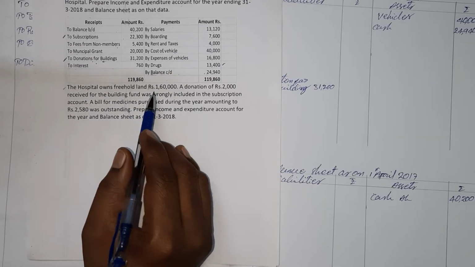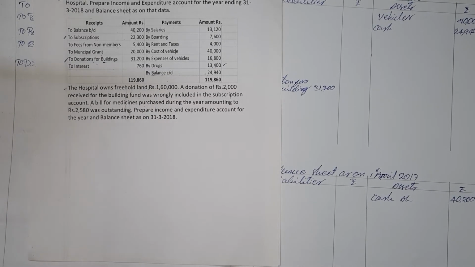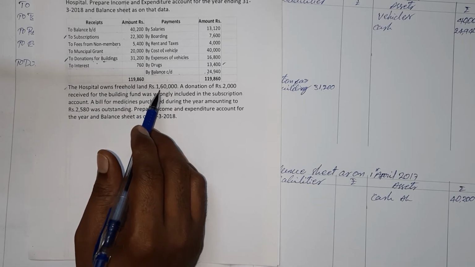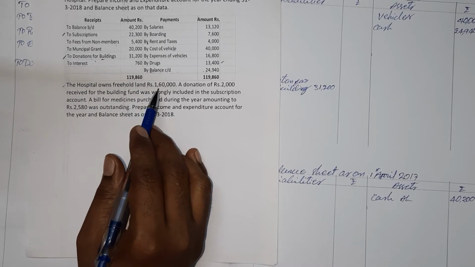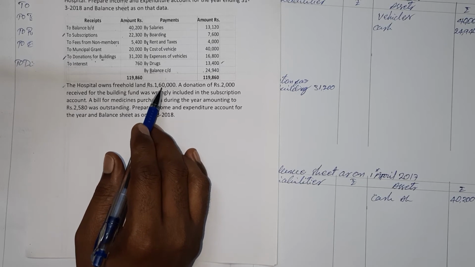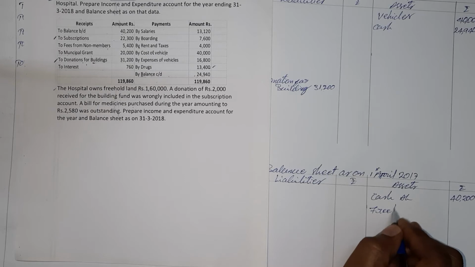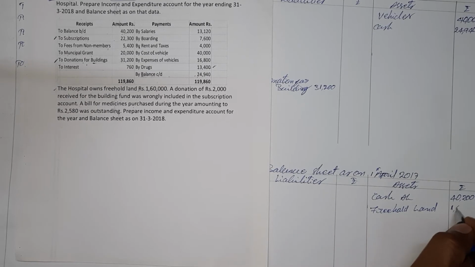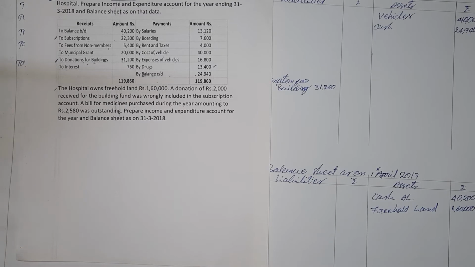It was already held in the year 2016-17, so it is written under the opening balance sheet, freehold land, that is 1,60,000. And in this receipts and payment account and in the adjustments, nowhere is it discussed.